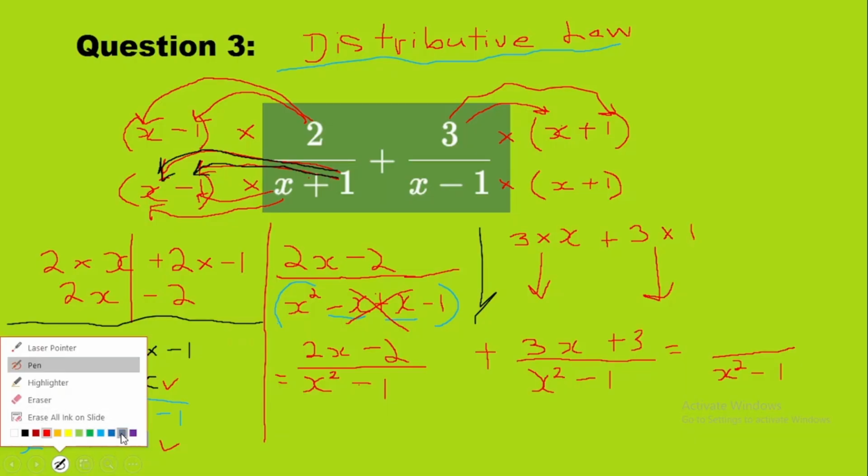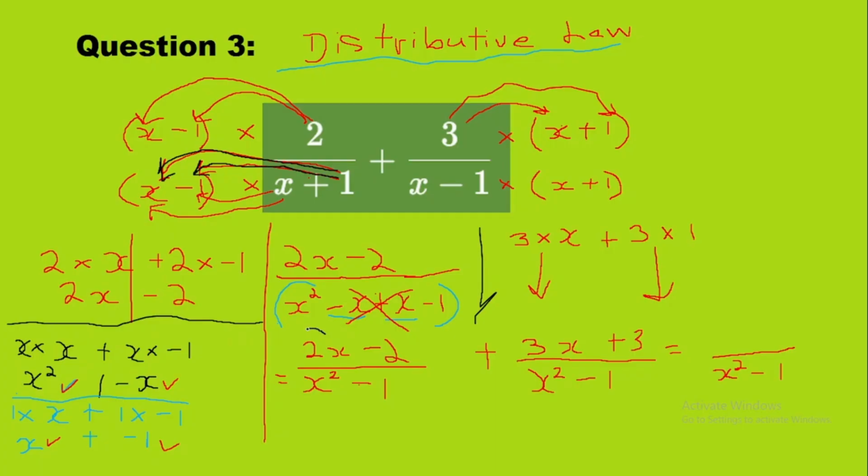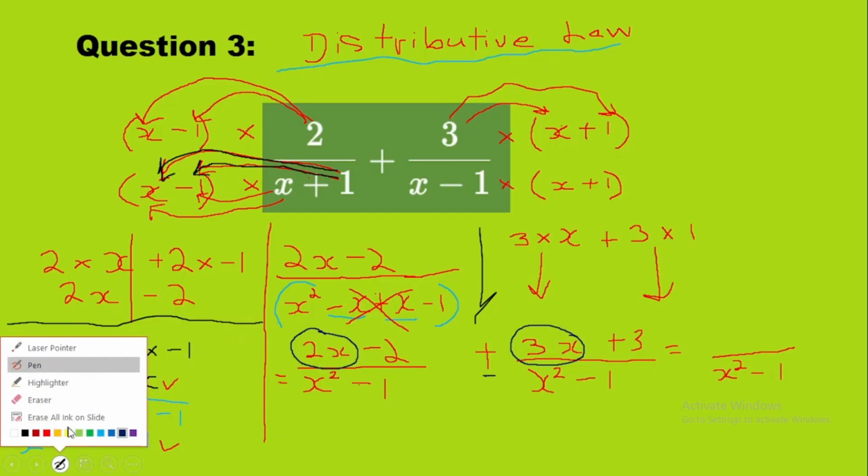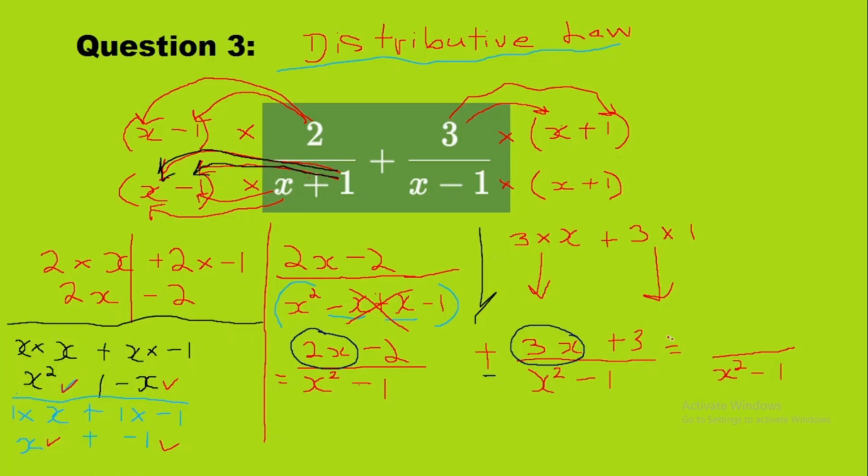So the first like term is 2x plus 3x, that will give you 5x.